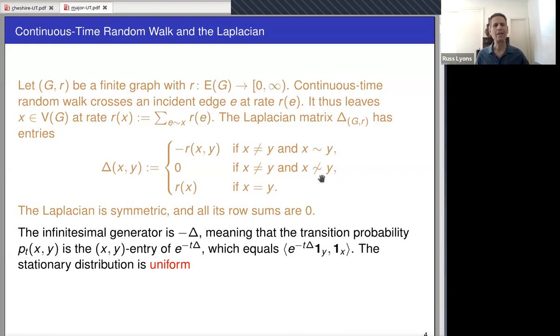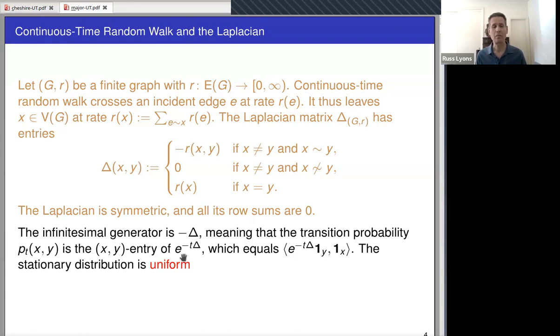Now, the infinitesimal generator of the continuous time Markov chain corresponding to this random walk is negative Laplacian. What does this mean? This means that the transition probability, P sub t of xy, meaning if the random walk is at x at some time, and we want to know the probability that it's at y, t units of time later, then what we do is we take this negative Laplacian, multiply by t, and exponentiate, which is just the Maclaurin series, which is convergent.